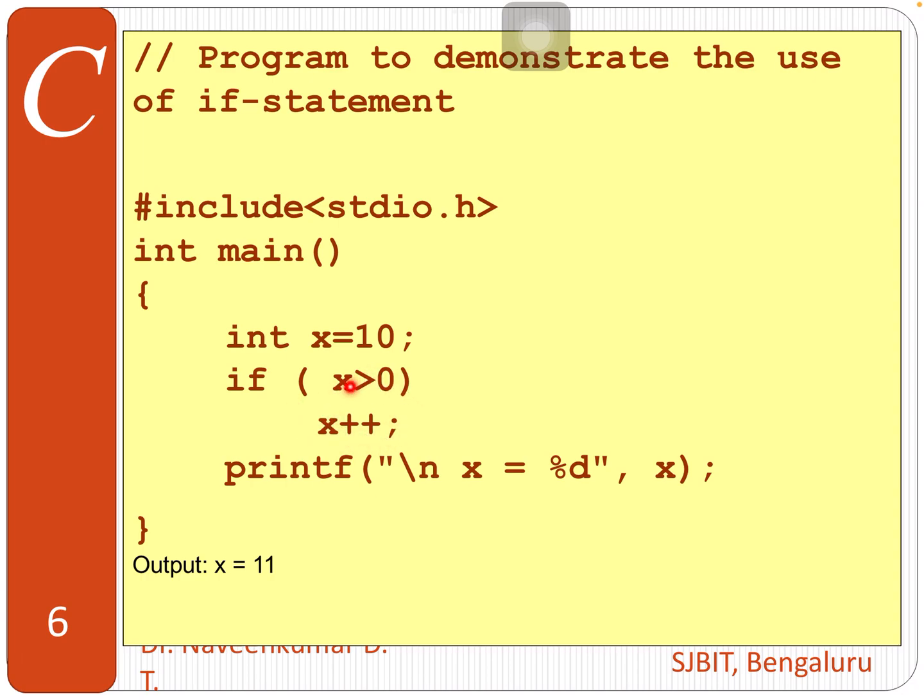After entering, it does x plus plus, so 10 plus 1, it has become 11. It is coming here and printing the value of x as 11. This is the use of the if statement. Here the condition is checked, then it entered the block, came out of it and printed the value of x. The output is x equal to 11.